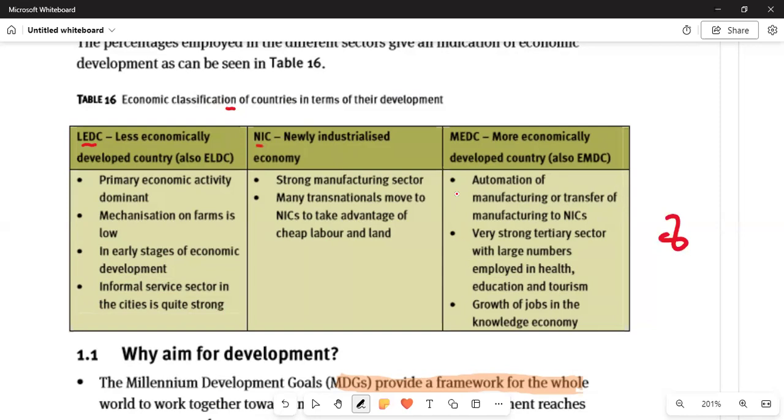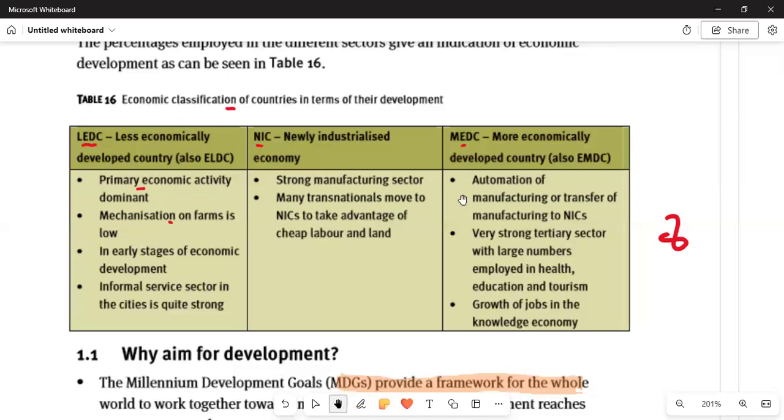And then in this instance, we need to understand that in the less developed country, we are also anticipating the primary activity is dominant. So we are saying that the extraction of the raw materials, if we understood the concept, and then of primary activity, we have got to overview that the fishing and forestry are taking place, and the mechanization on farms is low because these people don't have enough space, and therefore they are not formal or in terms of having knowledge on how to become strategic in terms of agricultural practices.